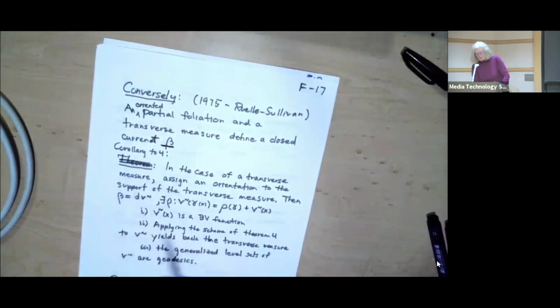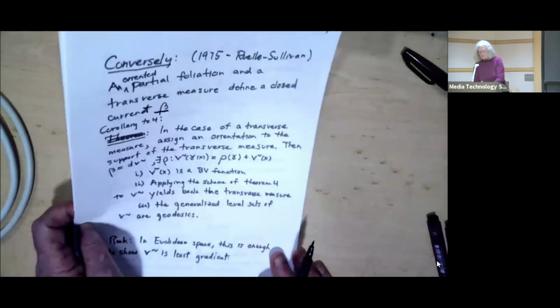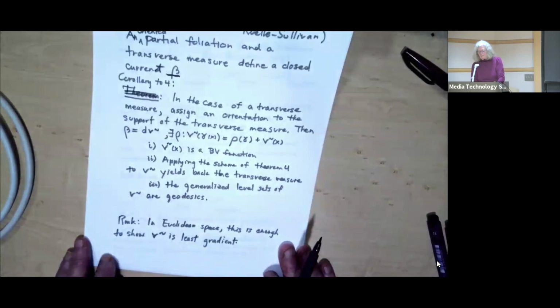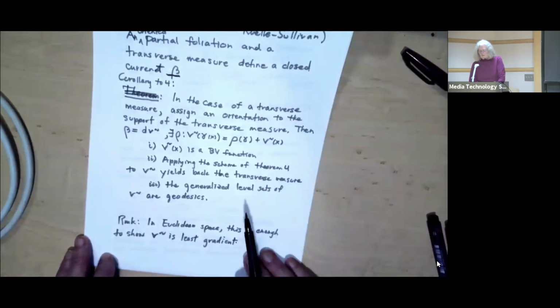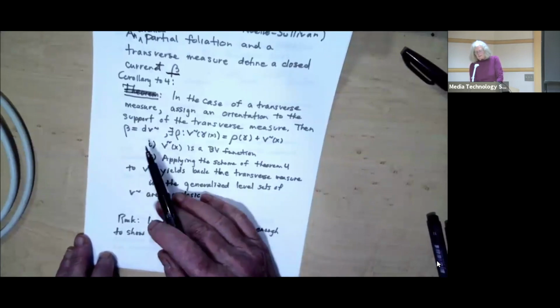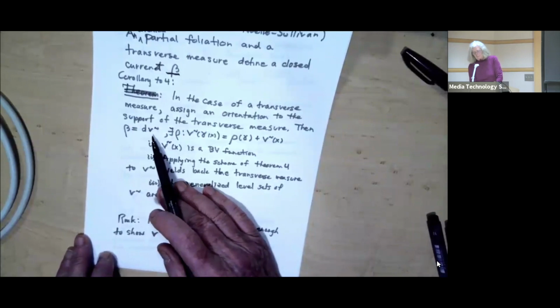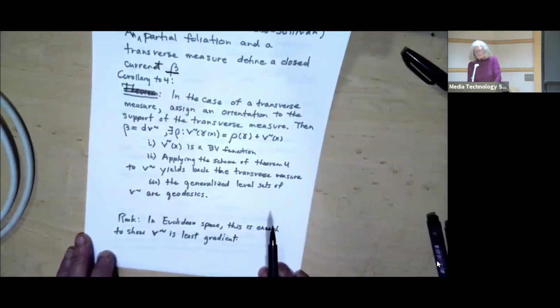And in this case, it's quite easy to show that in the case of the transverse measure, you have to assign an orientation to the support of the transverse measure, and then this beta is actually just d of v tilde. The beta is actually just the measure that we've been looking at.